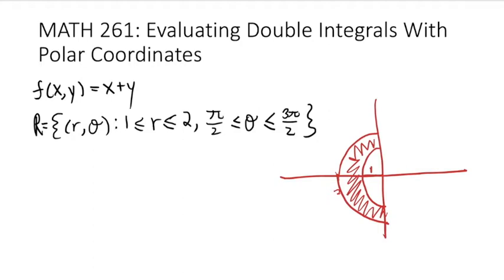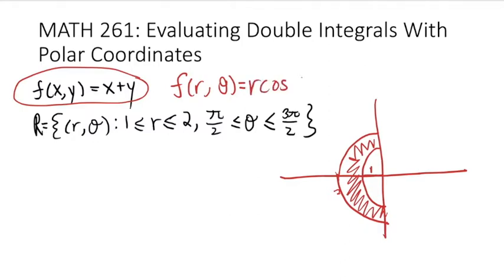So now let's set up the integral. In order to set up the integral, first we need to convert this to polar coordinates so we can work within these bounds. So the polar form of this function is going to look like f of r, theta equals r cosine theta plus r sine theta.